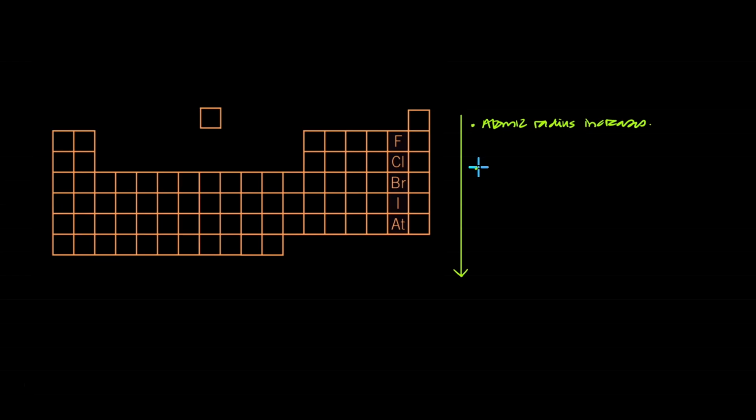Down the group, atomic radius increases, and the anion radius also increases down the group. Then the other part is the anion radius is larger than the atom's radius because they've gained an extra electron.